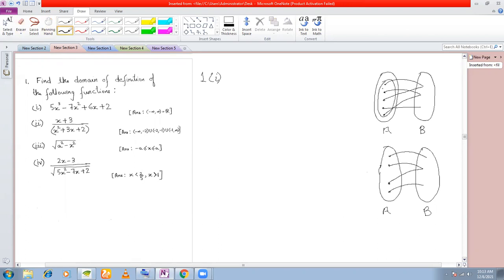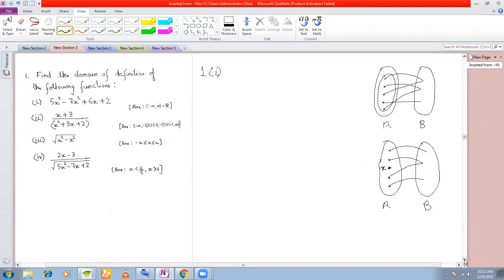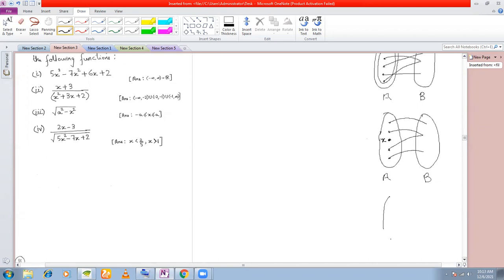Okay. So let us call this element from the set A, let's say, x. Instead of mapping A to B, now if I map in this way, let's say this is your set A minus the element x, and B becomes this.